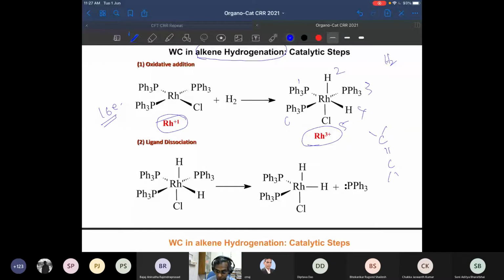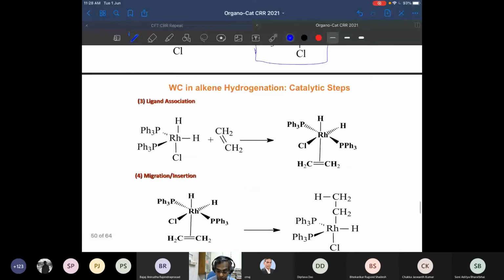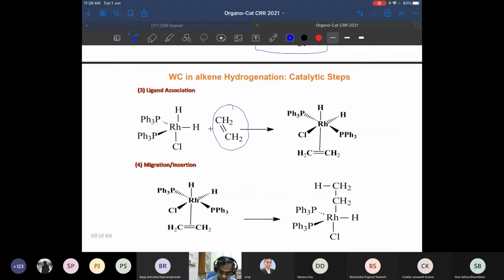Now one of the triphenylphosphine ligands dissociates and creates a vacant space. This is the complex with the vacant space. Now what happened? Ligand association. Your alkene comes here and coordinates, a pi complex. This is what I have mentioned, the pi complex.